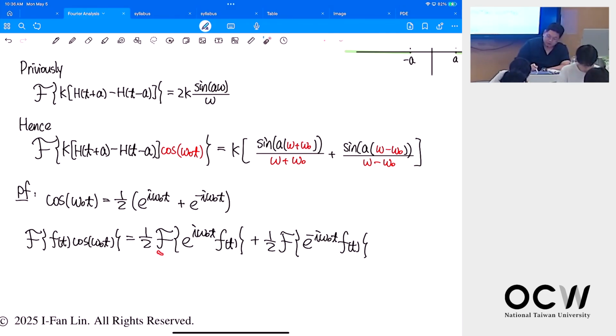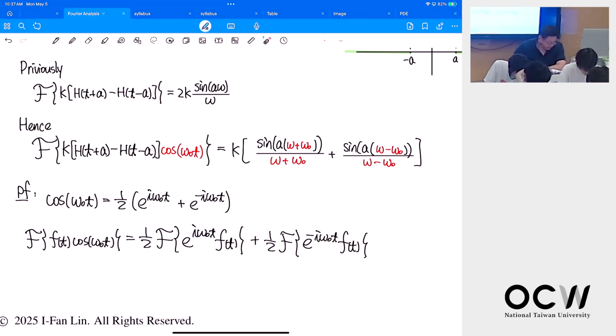We just learned from the shift theorem in the time domain that in the frequency domain, I will shift to the left here, and here I will shift to the right.